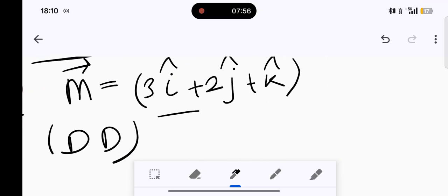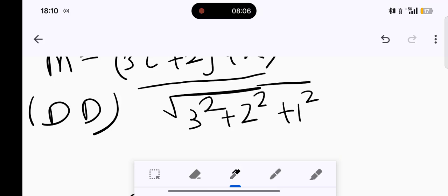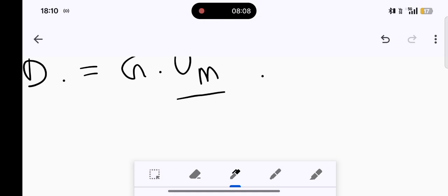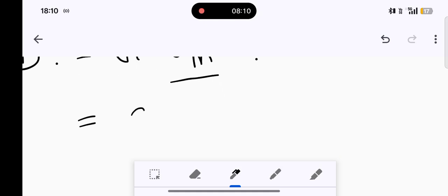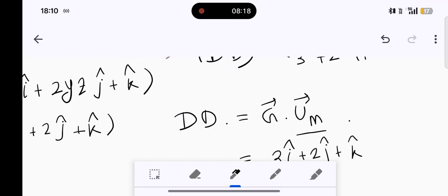So the unit vector will be m divided by the square root of 3 squared plus 2 squared plus 1 squared, right? This is 3 i cap plus 2 j cap plus k cap, right? If I'm not wrong, then it's correct.